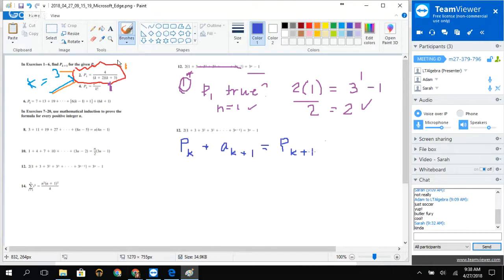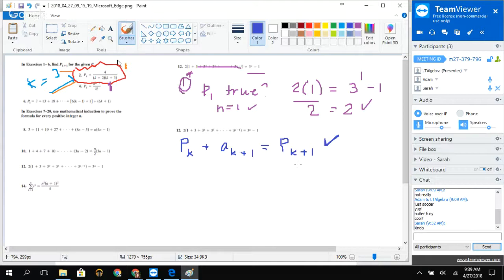So this is what you're trying to prove in step 2. Using practical numbers, if I add the first 100 numbers together, so P sub 100, and then I add number 101 on, does that equal P sub 101?